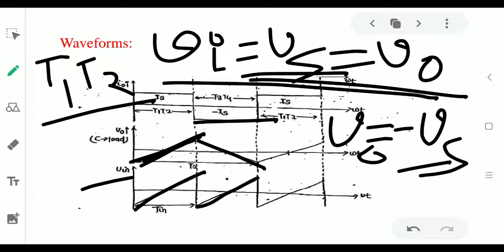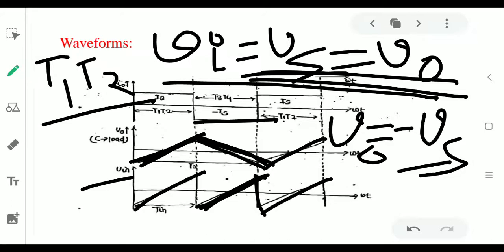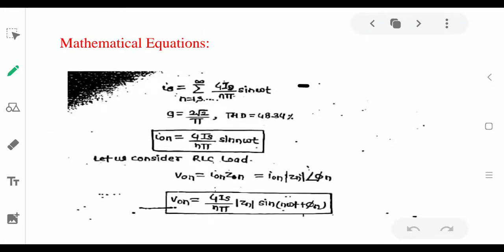This is the waveform we get for input voltage, because it is the negative of the output voltage. Again, during T1 and T2, V0 equals Vs will follow. So here we can figure out how the waveforms of input voltage and output voltage are drawn for the current source inverter.